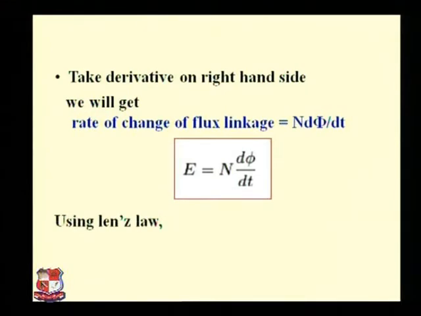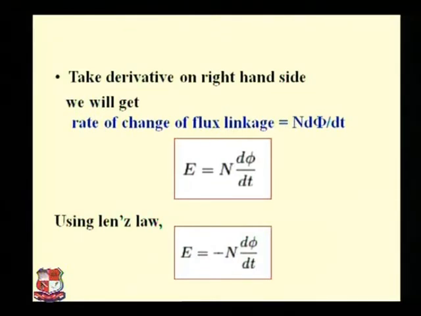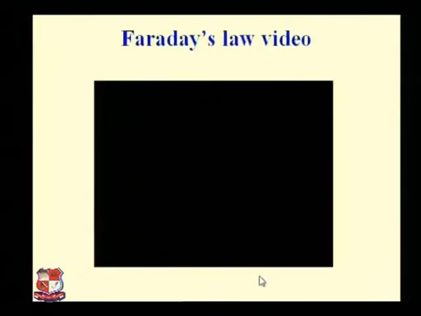Using Lenz's law, we put a minus sign because the induced EMF always opposes the cause of it. So the actual final equation is E equal to minus N d phi by dt. Now we have understood Faraday's law and how it actually occurs.